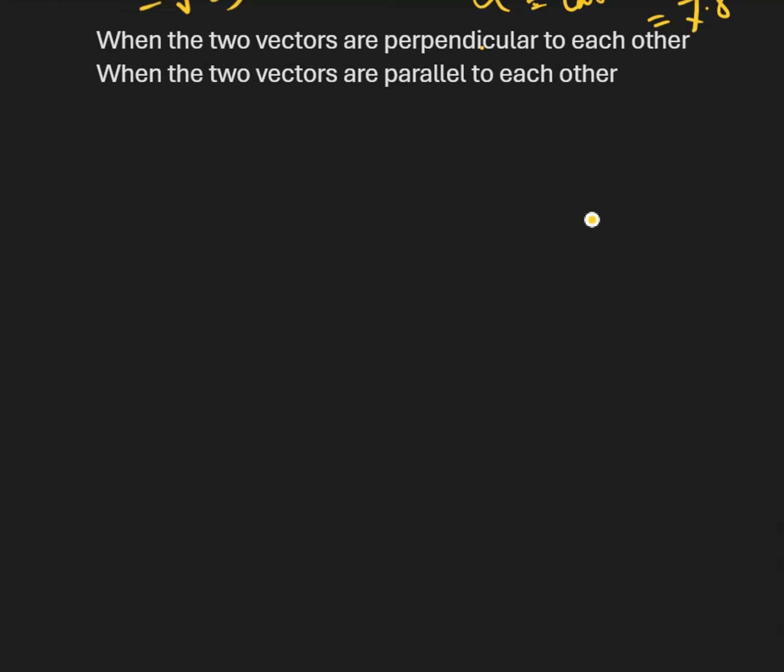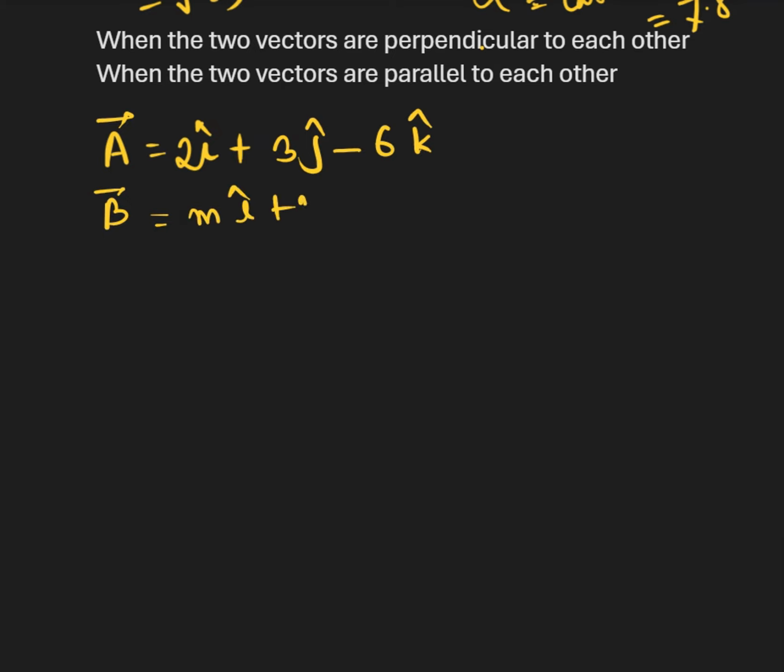Now, if there are two vectors, say assume A equals 2i plus 3j minus 6k, and B equals, let's say, mi plus 2j plus 10k.